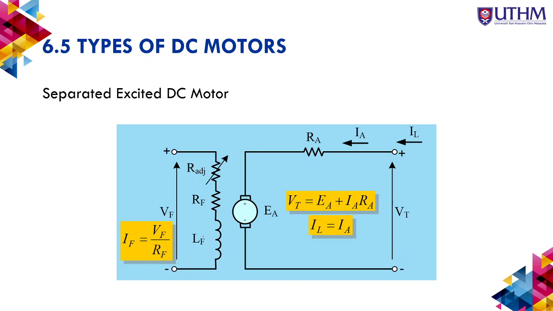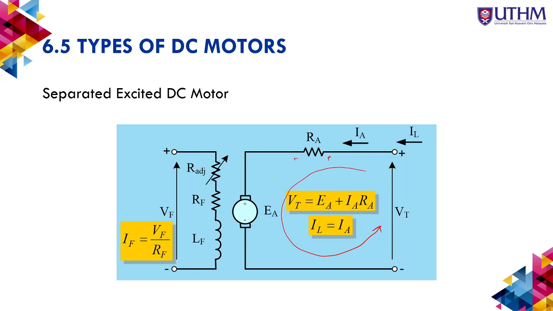To calculate IF, we just use the normal Ohm's law, V equals IR, so IF equals VF over RF. On the right side, we use Kirchhoff's voltage law, and then we can get this equation.